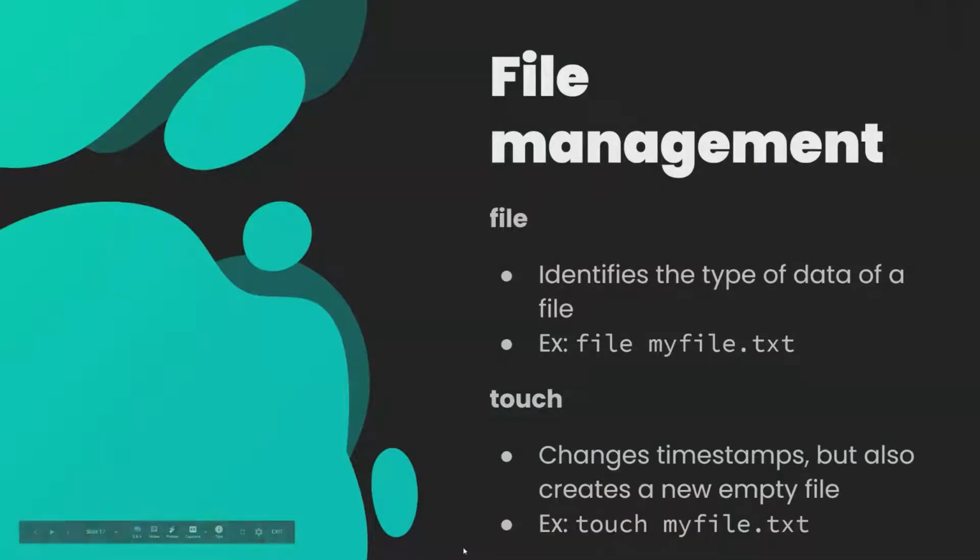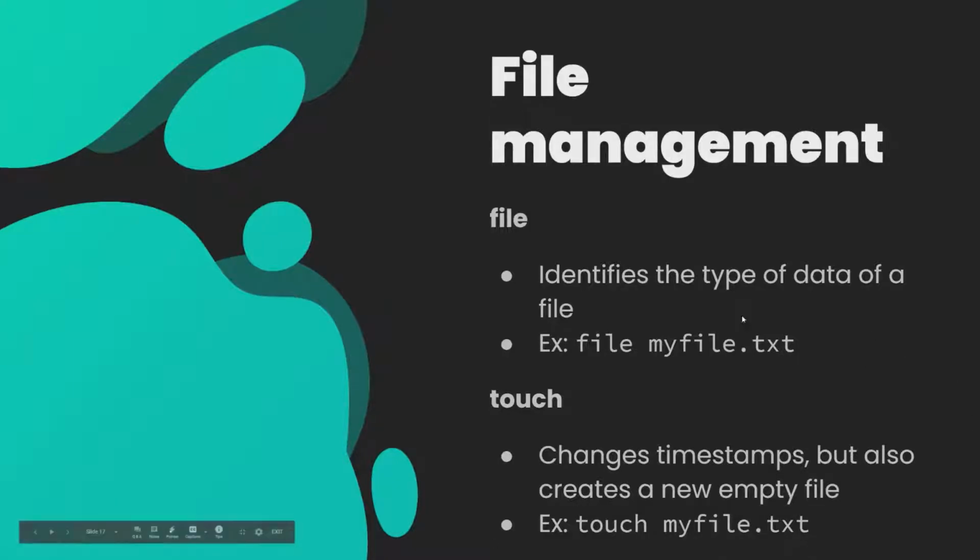This is file management. There's a command called file, and you're probably going to be using that when you run into a file that you're not actually sure what type of file it is, and you're not even sure how to open it. We're familiar with Windows, where every file has an extension at the end.